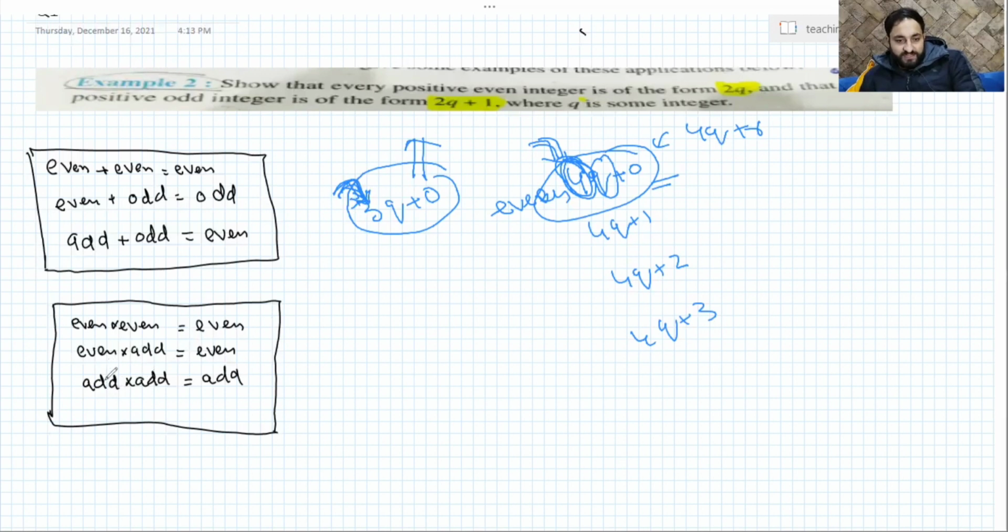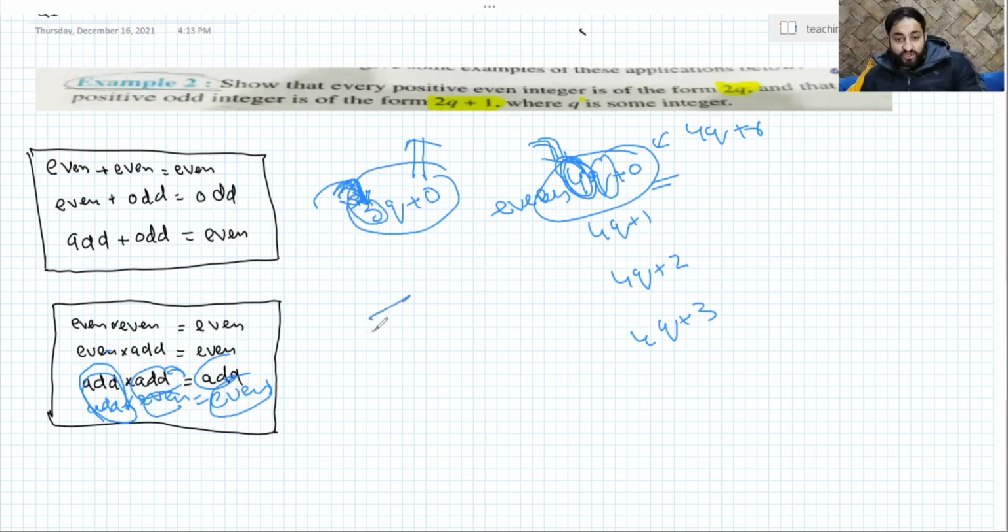Let's try to reverse this equation. Odd multiplied by even is even. If this thing is odd, you are going to get different results. For odd, you're going to get odd. For even, you are going to get even. So if the number here is odd, you are not going to be sure what the result will be.